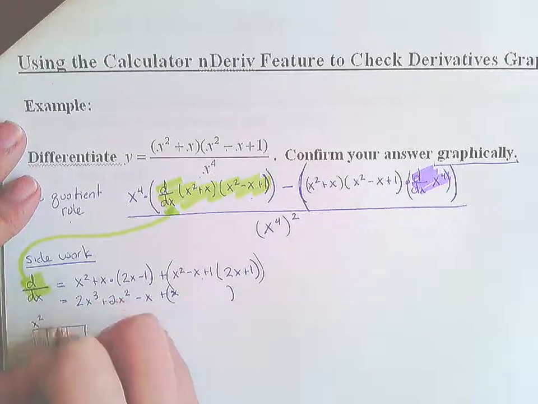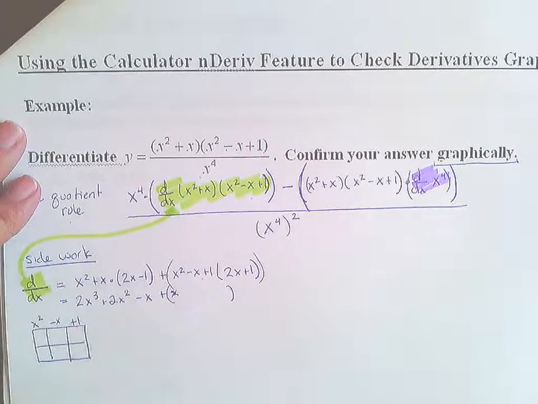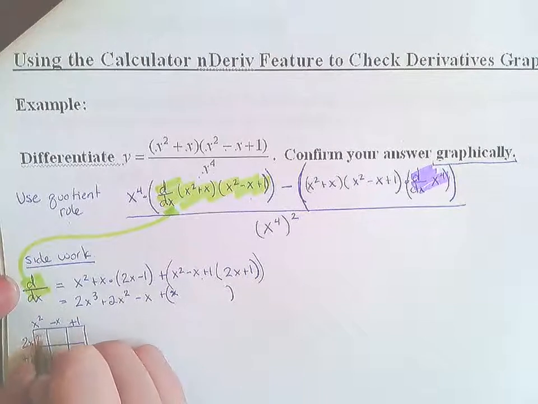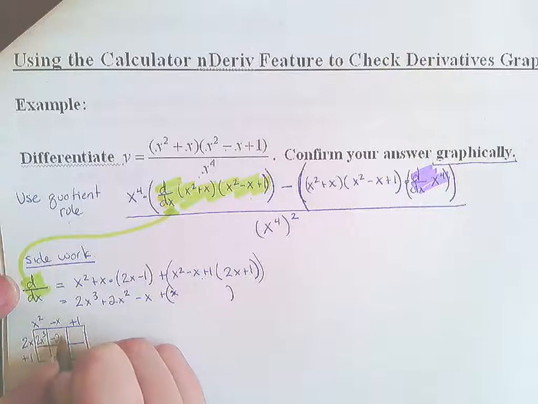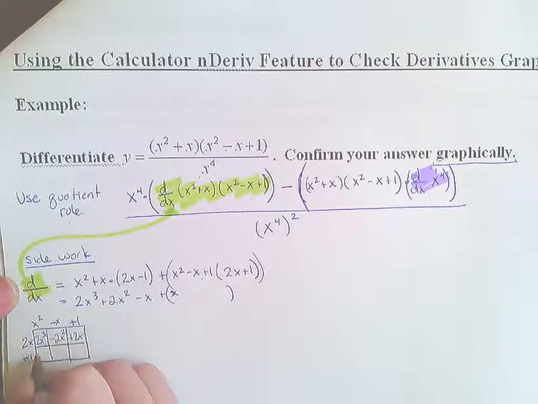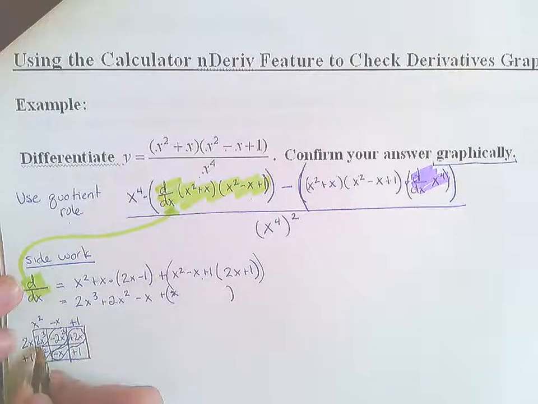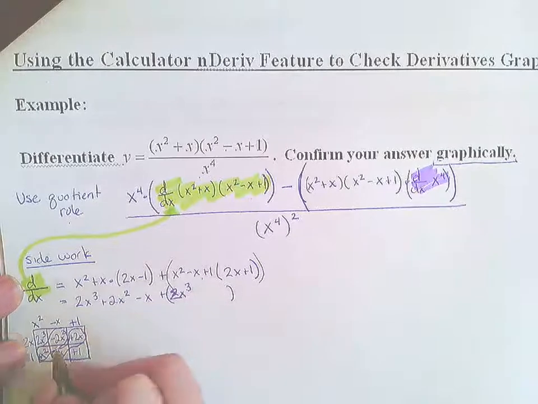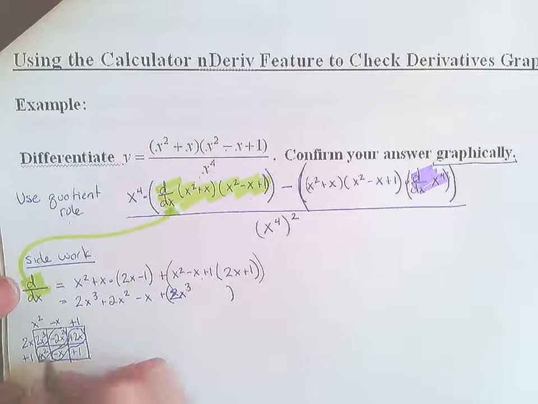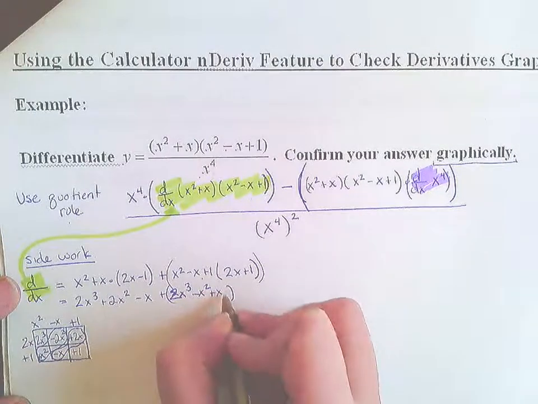So it's x squared minus x plus 1 times 2x plus 1. So now when I multiply this out, I get 2x cubed minus 2x squared plus 2x, x squared positive minus x plus 1. And then what you notice is that these two are like and these two are like, so what we end up with is 2x cubed, negative 2x plus x is negative x squared, 2x minus x is plus x plus 1.